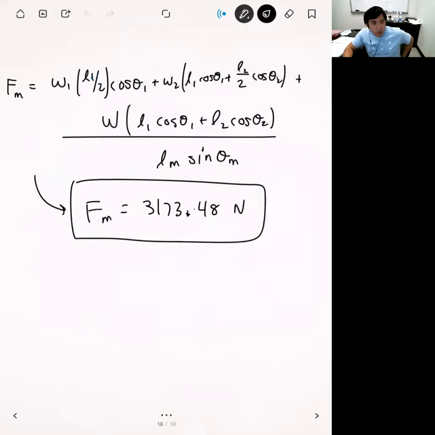All right, and so with that, we are almost done with the problem. The only thing that we have left to do is to sum the forces in the X and Y directions to get the reaction forces. Okay.